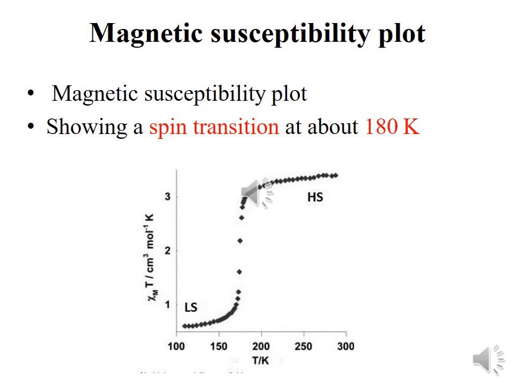In this slide, we see the graph of magnetic susceptibility. In this figure, we take temperature on the x-axis and the magnetic susceptibility on the y-axis.